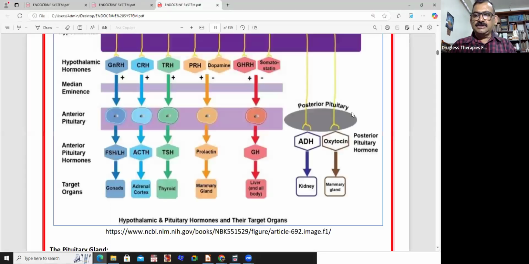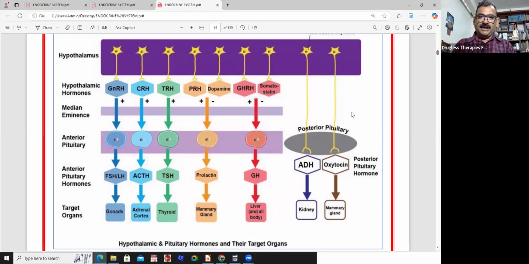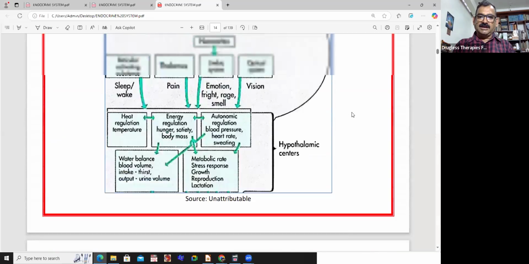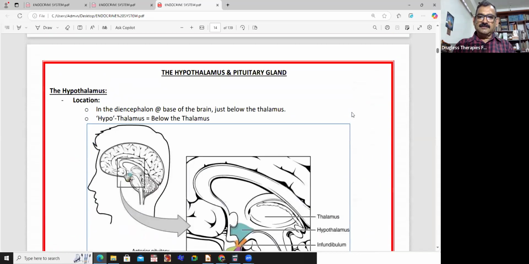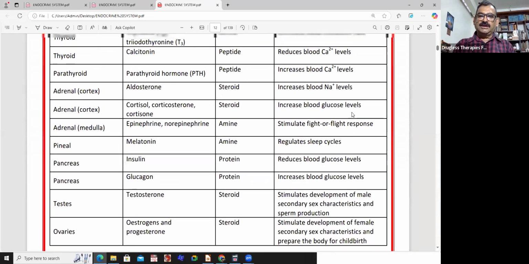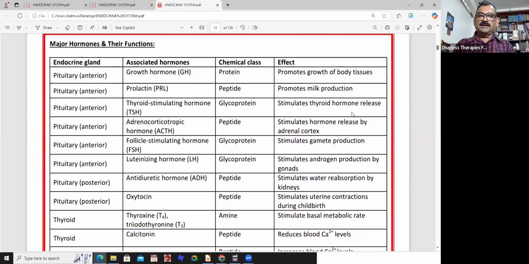There is one, as I told you, this endocrine system is so complicated and they are all interconnected to each other. I selected this chart so that we will find out what are the products of that gland and what it does.